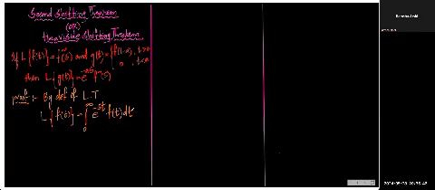Correct? Yes, sir. Now, what I'm going to do here is, instead of f of t, I want to replace it with g of t. So then Laplace of g of t becomes integral 0 to infinity e power minus st, instead of f of t, we are replacing with g of t dt.